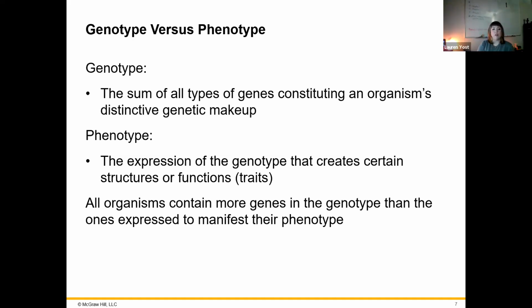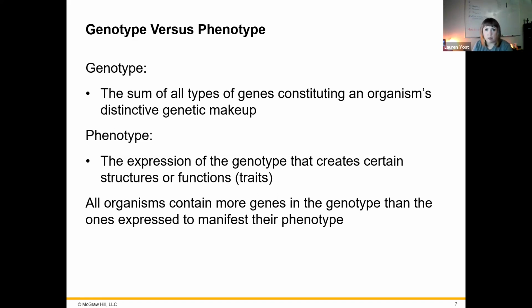So the genotype refers to the genetic makeup of the genes of the organism, whereas the phenotype is what is actually being expressed. You might carry a gene for some rare trait that could be potentially harmful to you, but since you have another copy, maybe the damaged one was from your mother and you have another copy from your father, you wouldn't even know that you were carrying that damaged form of the gene.